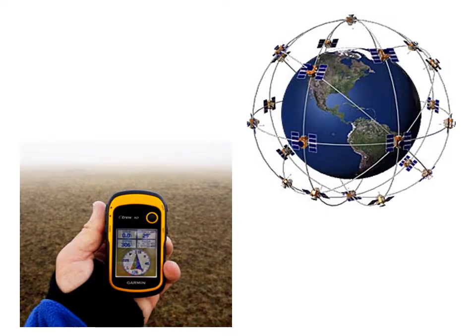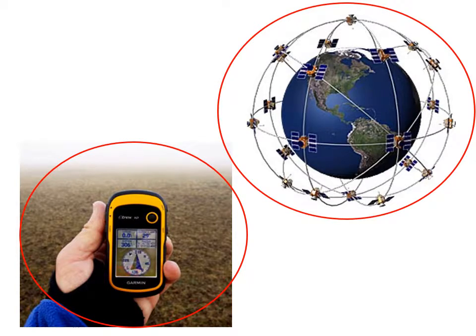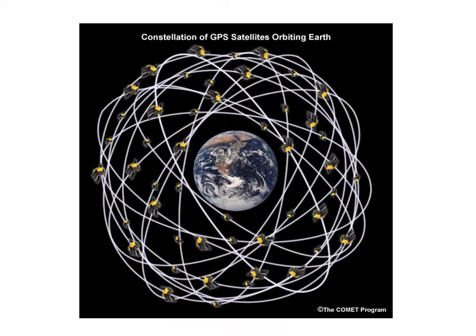So let's talk about how GPS works. GPS basically has two parts: a receiving unit on the Earth's surface and the transmitting satellites in Earth orbit. There are 24 working GPS satellites that make up the Global Positioning System constellation. This constellation is made up of 6 orbital paths.